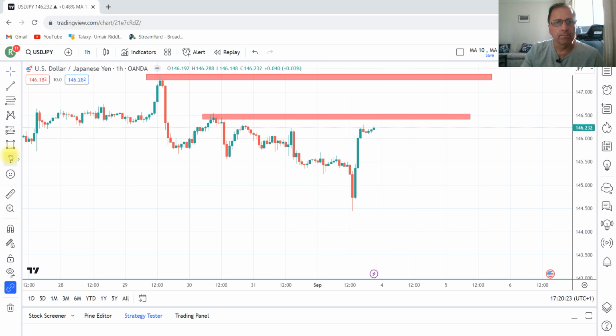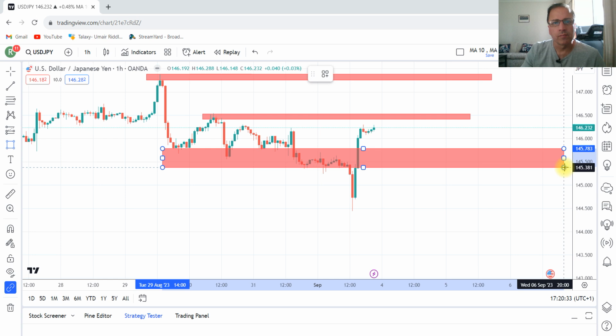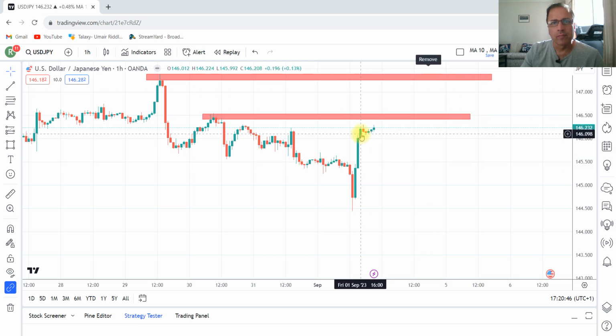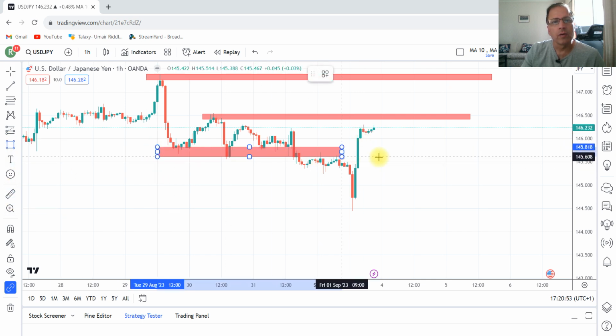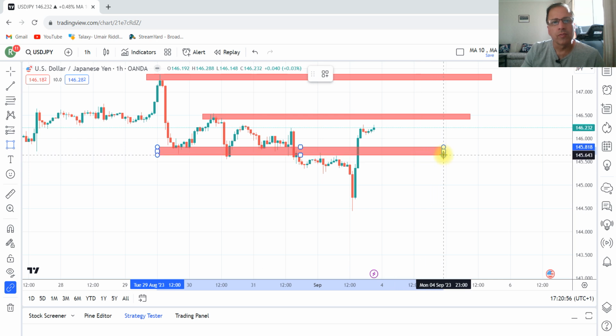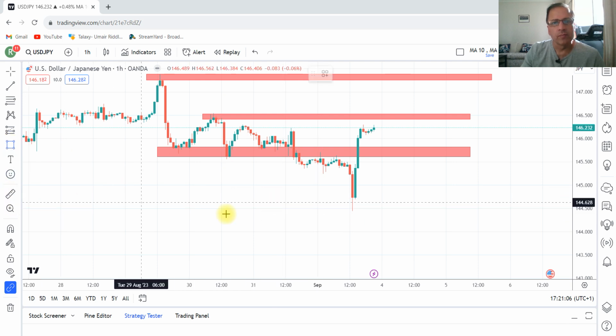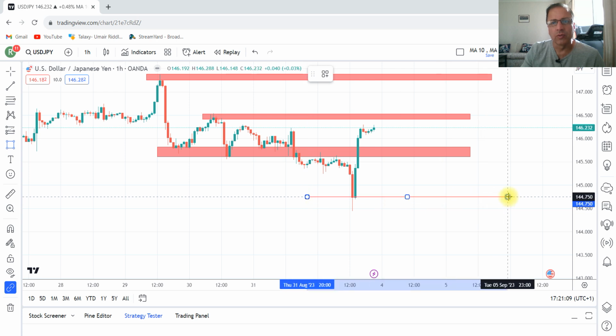However, if it breaks down this support, it is likely to come to these lows.